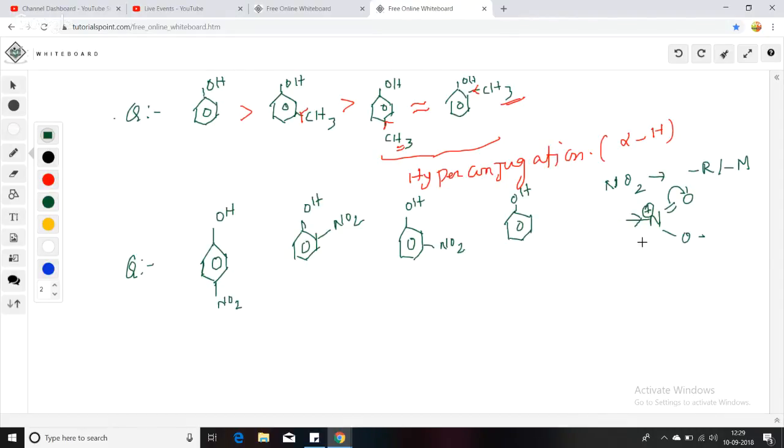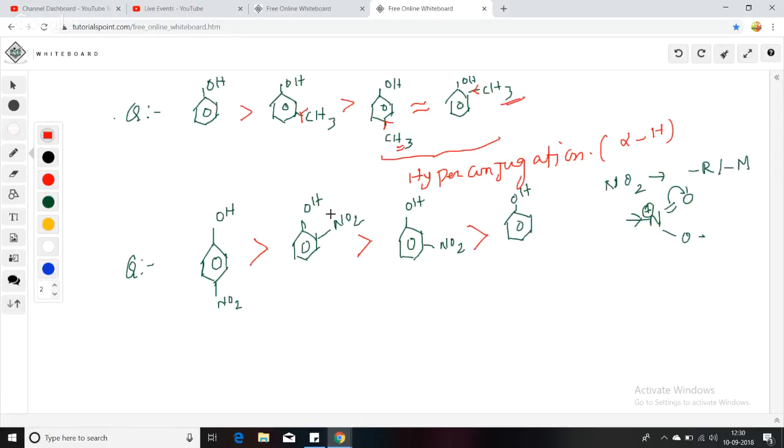That's why NO2 is what? An electron withdrawing group. The electron withdrawing group will obviously increase the acidity of phenol. So here the order of acidity of phenol is found to be maximum for para position. Then we have ortho position, because at ortho and para position the effect is more. Then meta position, and last we have phenol.